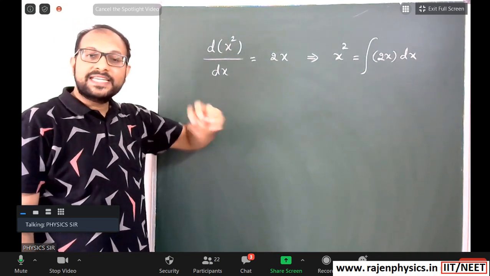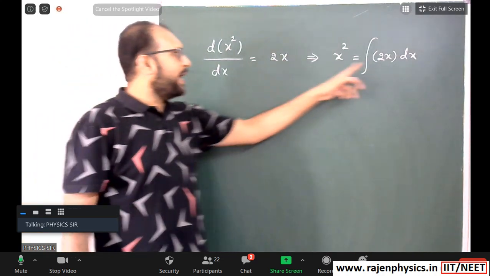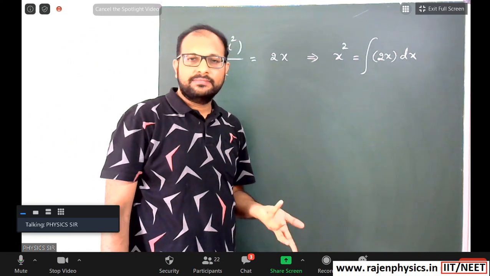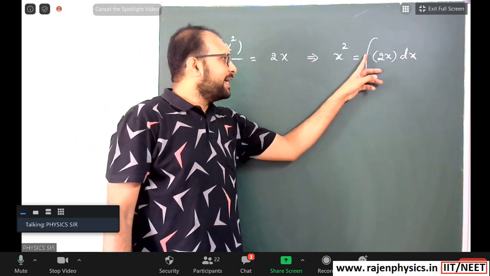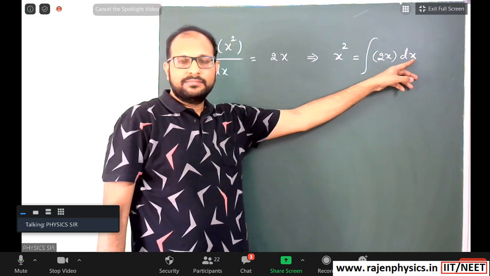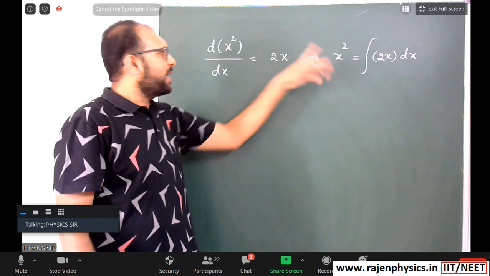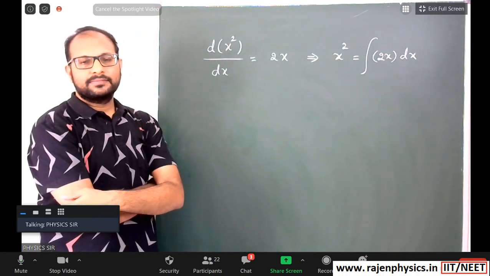Now integration is just the inverse. The integral of 2x, because 2x is one function, with respect to x is x square.